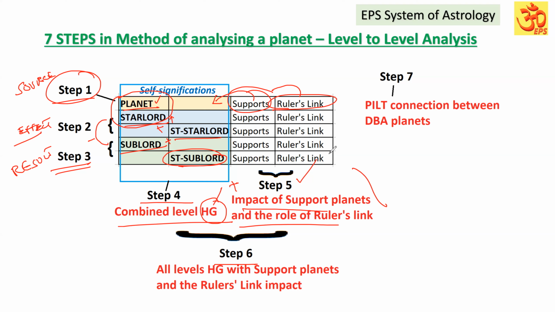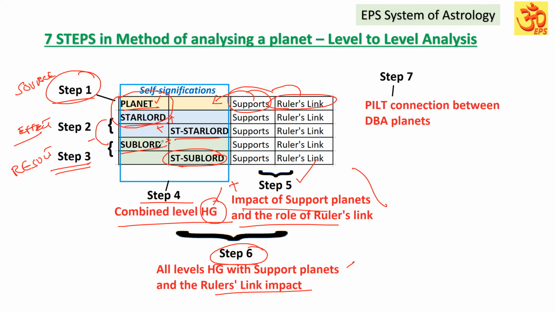In step number 5, supports are considered. So what impact these planets are going to get because of these supports and ruler link, because of that, there can be some modification in the strength in step number 4. So step number 6 is all levels house grouping along with the support planets and rulers' links impact.